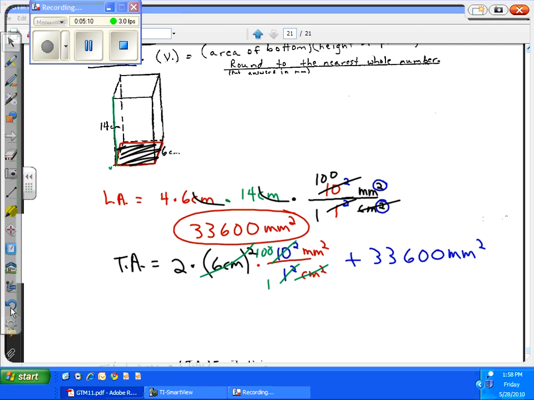So we're going to have 2 times 100. I'm sorry, we're going to have 2 times 6 square times 100, because that square goes to the 6 and the centimeter square. So we're going to have 6 square centimeter square, 36. So we have 2 times 6 square times 100 plus 33,600.